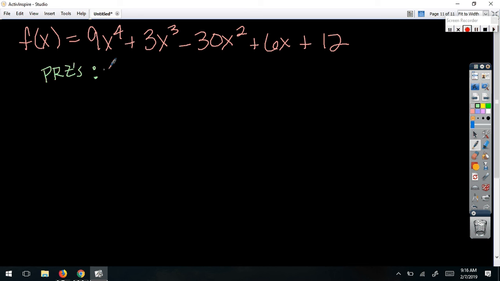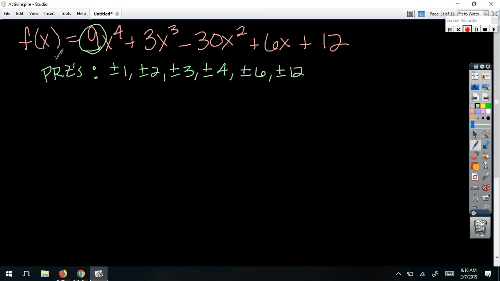So 1, 2, 3, 4, 6, 12. Is that it? That's just the factors of 12. Now I have to divide them because now I've got a leading coefficient of 9. And the factors of 9 are 1, 3, and 9, right?